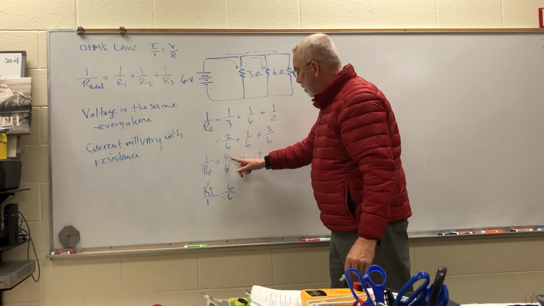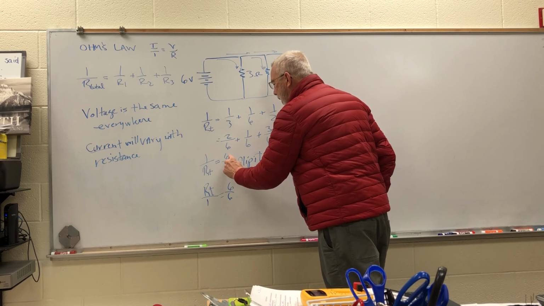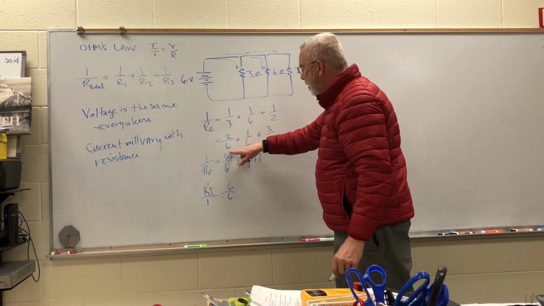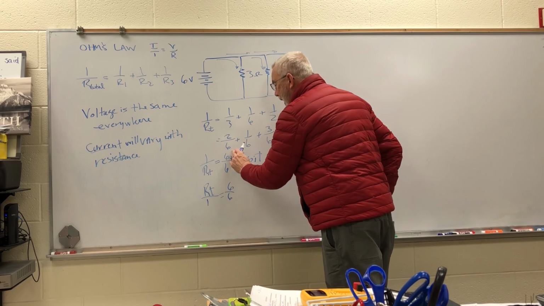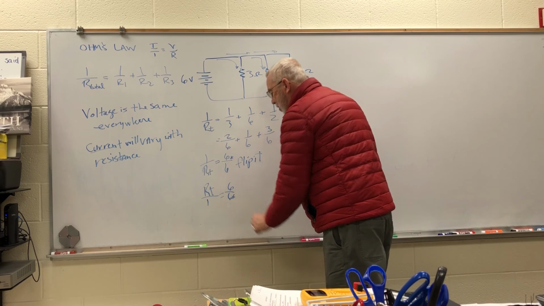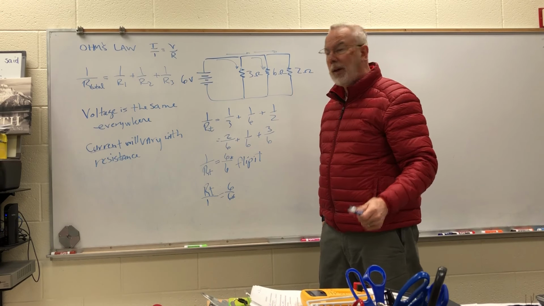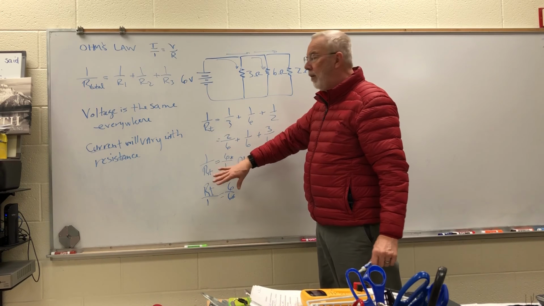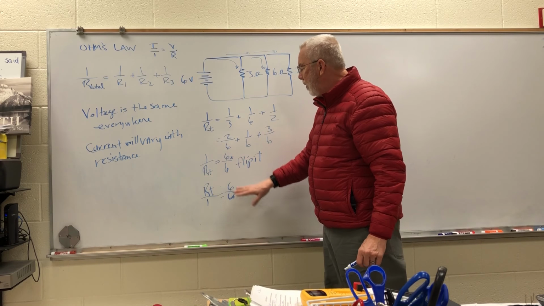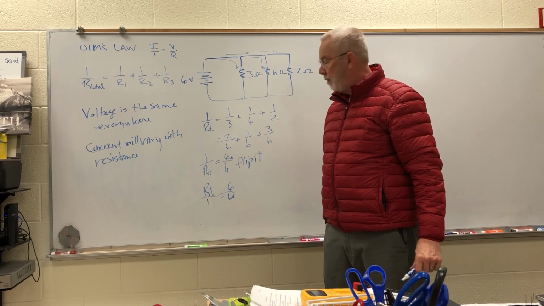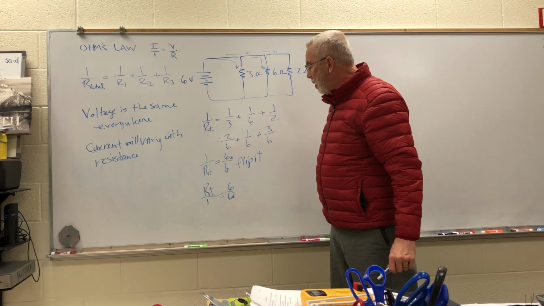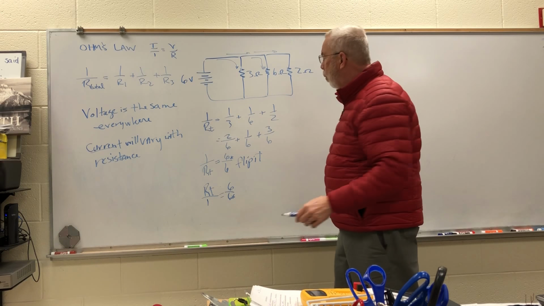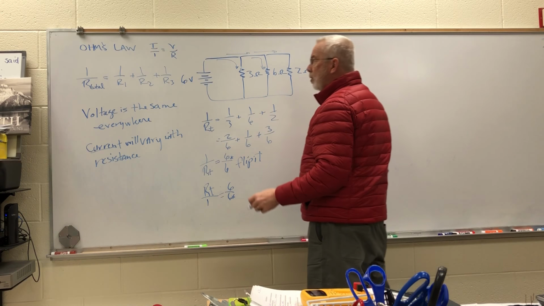Now, it doesn't look like those numbers have changed, but we put a star next to that 6 right there, that 6 becomes that 6. Mathematically, it doesn't make a difference, but I want you to see that we did flip everything. We flipped the letters on this side and the numbers on the other side. So now we know that our total is 6 over 6, or the value of 1. So our total is 1.